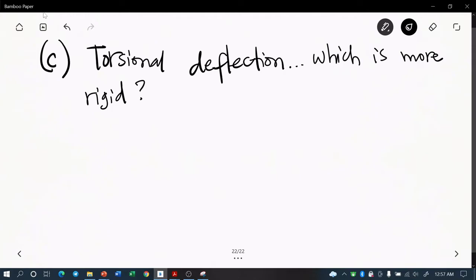Okay, now let's first solve for the solid shaft.